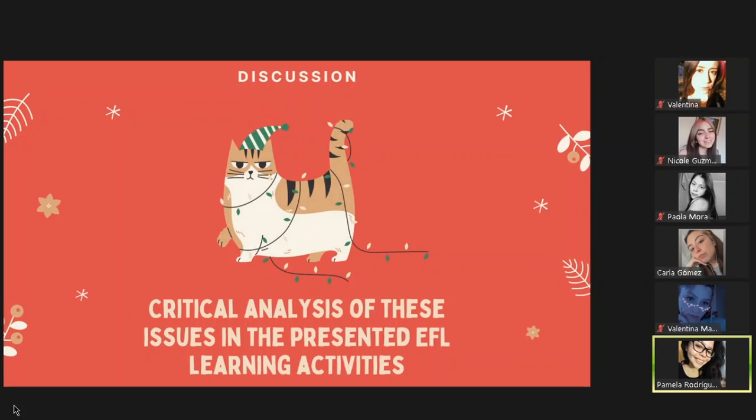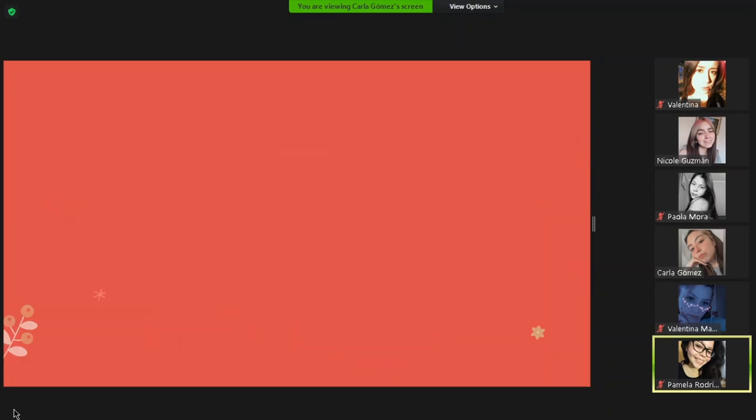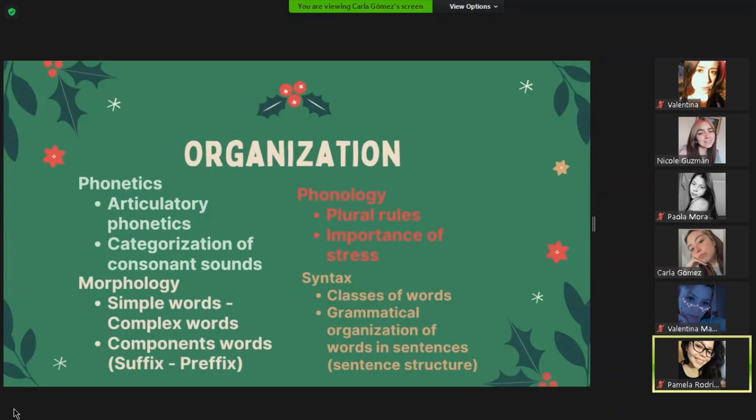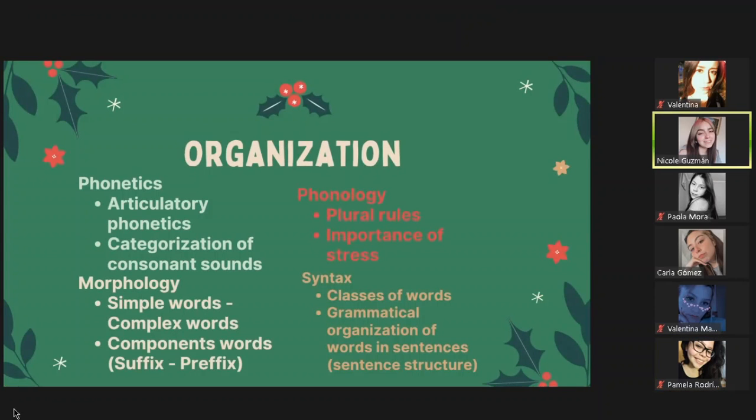In this section, we're going to have a discussion about a critical analysis of these issues in the presented IPL learning activities. The organization: we have two main topics in which we choose two main issues.